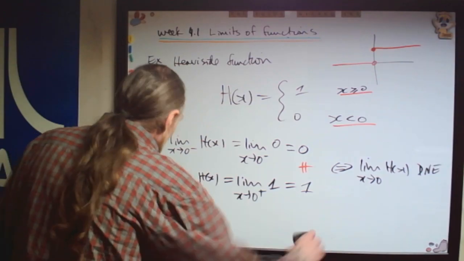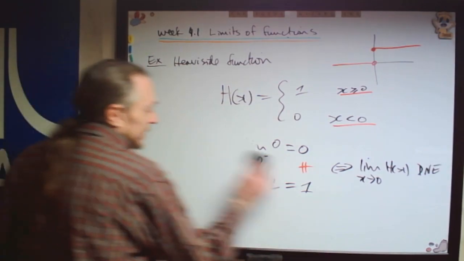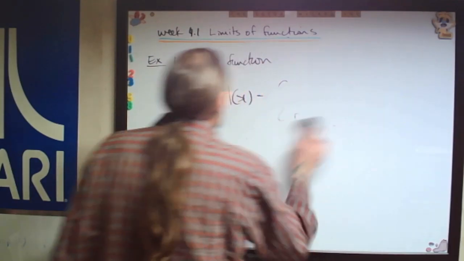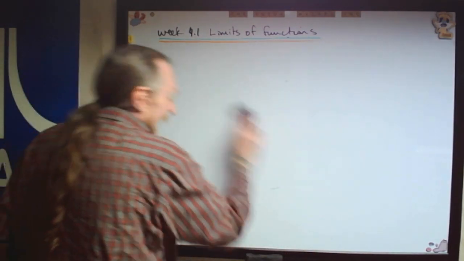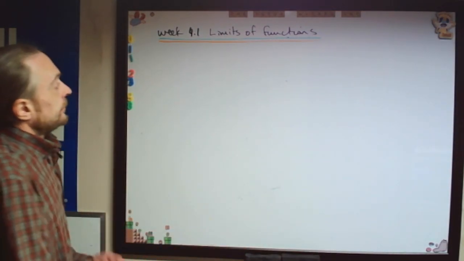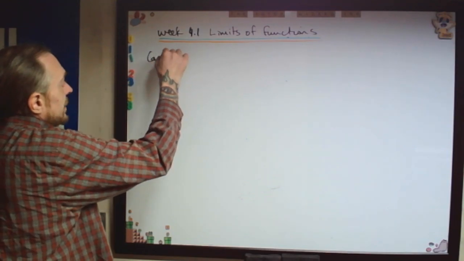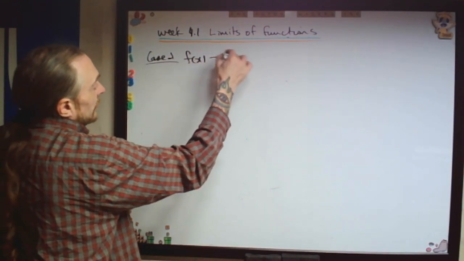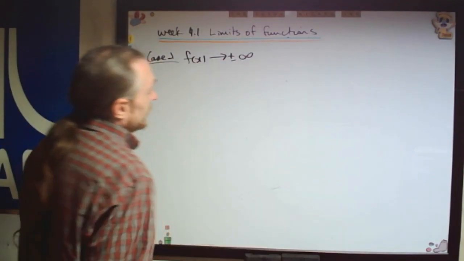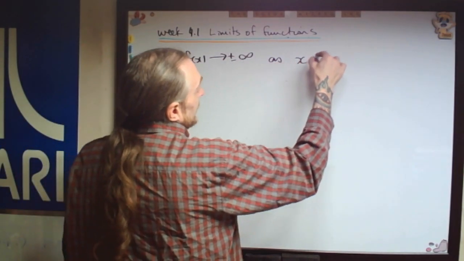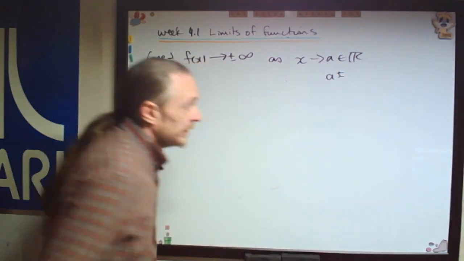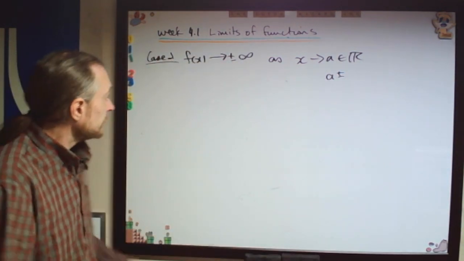Okay. Now let's transition into a couple of the infinity ones, and then we'll have the 4 kinds of limits down after we do at infinity. So case 2 was we're going to have f of x go towards plus or minus infinity possibly as x approaches a, which is still in R, and then we're going to check a possibly from above and below now.